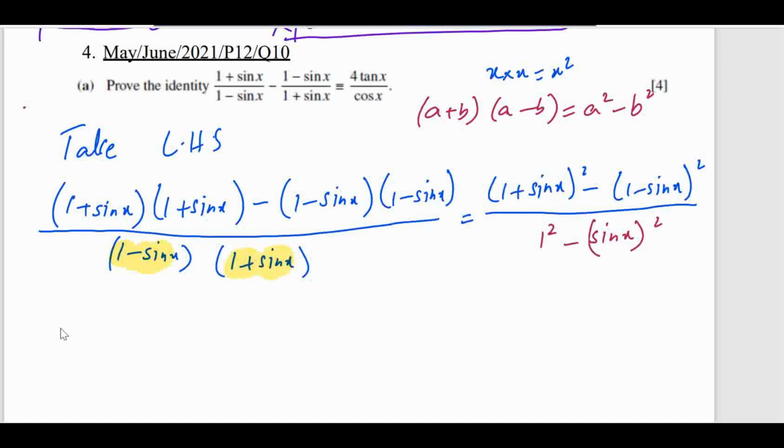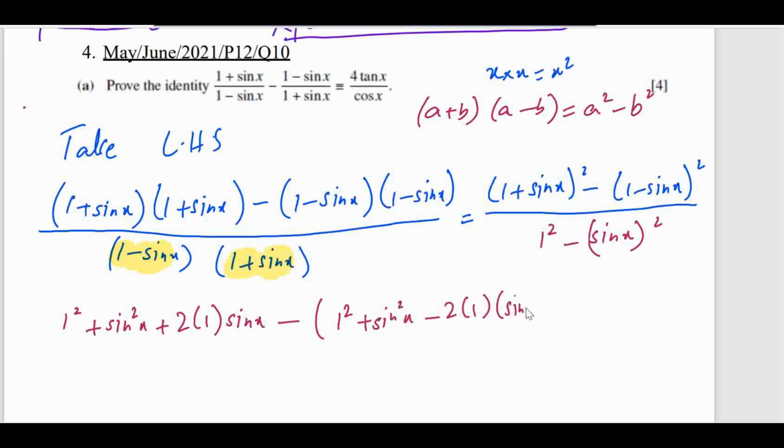In the numerator, if we simplify it further, we can open it up. This will be a square plus b square plus 2ab, and here a square plus b square minus 2ab, and in the denominator 1 minus sine square of x.